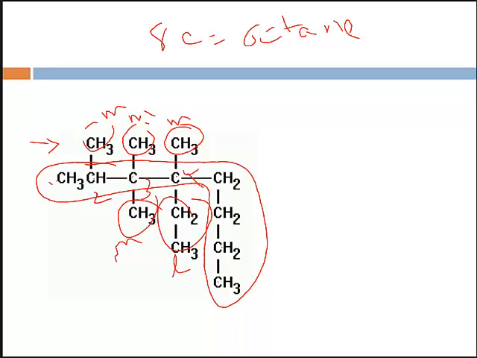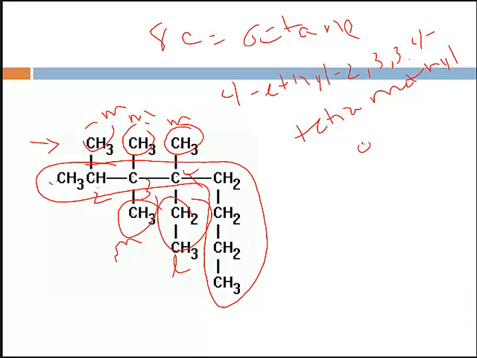So we're going to do ethyl first because it's alphabetical, so it's on the 4th carbon. So 4 ethyl, 2, 3, 3, 4 tetramethyl for 4. Octane.